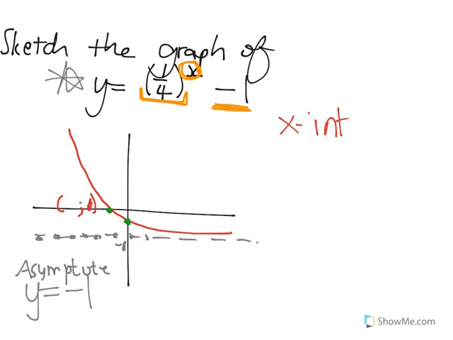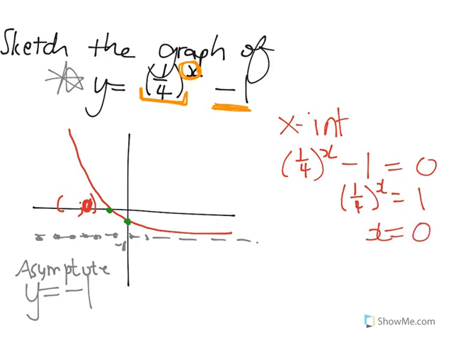So we're asking ourselves, for which input is my output going to be 0? We need a quarter to the x minus 1 to be equal to 0. So a quarter to the x needs to be 1, because 1 minus 1 is 0. And the only way that can be true is if x is equal to 0.